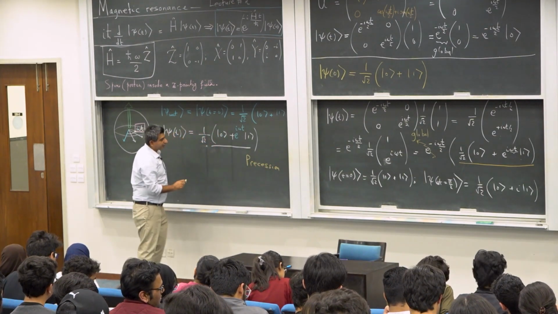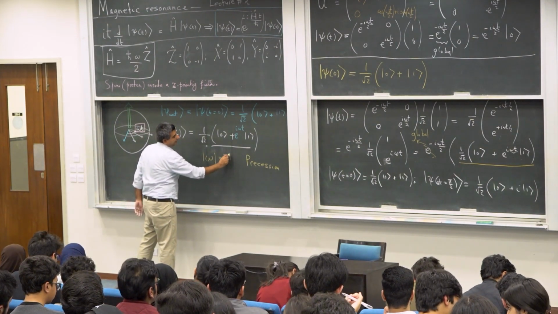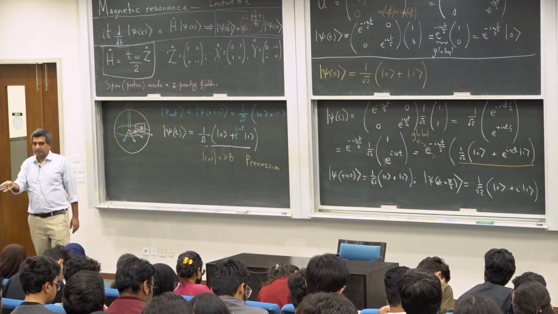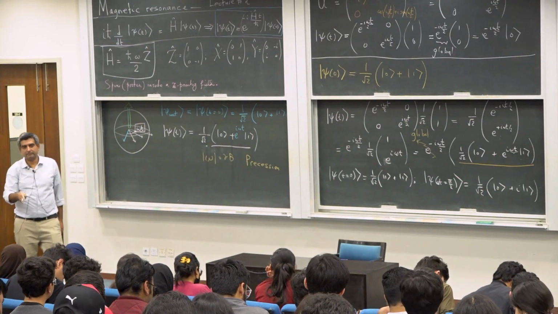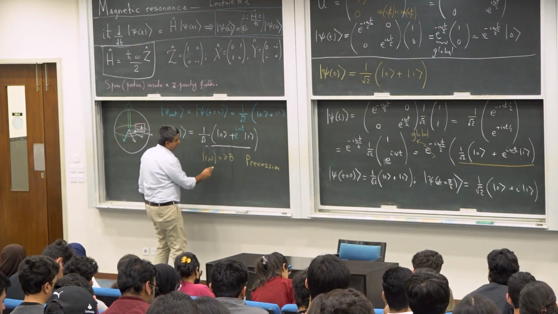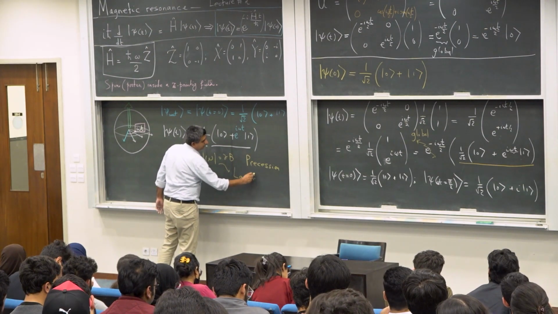And the precessional frequency omega is gamma B. The stronger the magnetic field, the higher the frequency. This frequency, by the way, is also called the Larmor frequency.